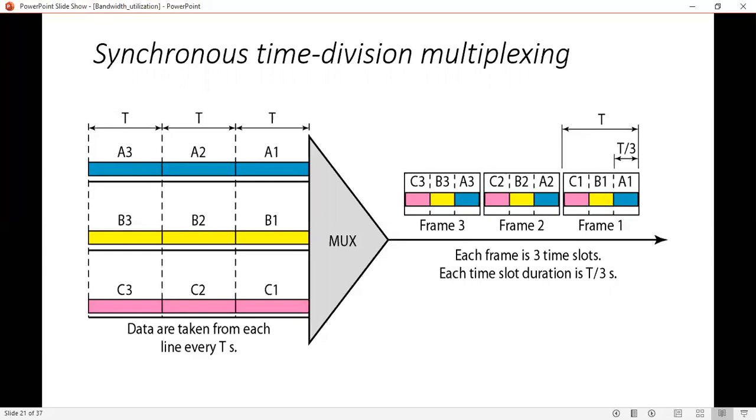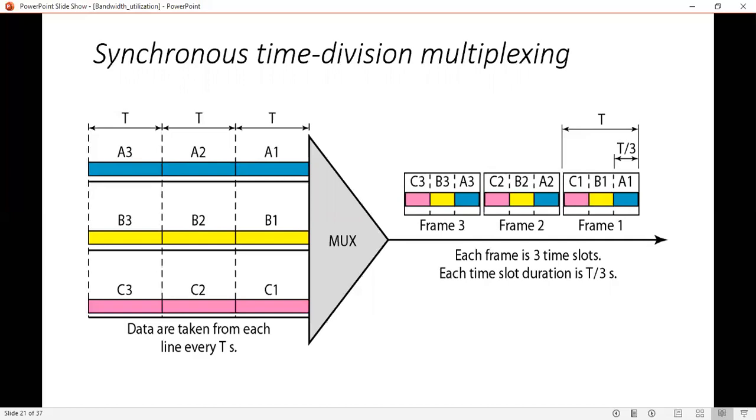And see this frame 1, where A1 occupies the first slot, B1 occupies the second slot, and C1 occupies the third slot. So the frame is divided into 3 slots, depending on the number of input lines. According to the input lines, the frame is divided into slots.